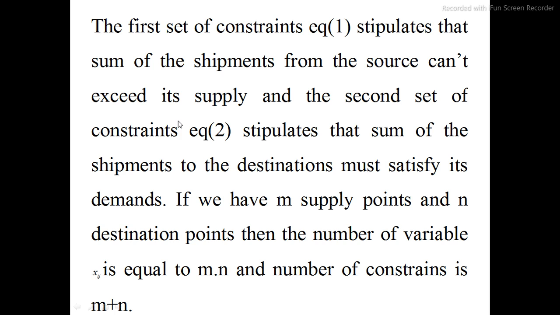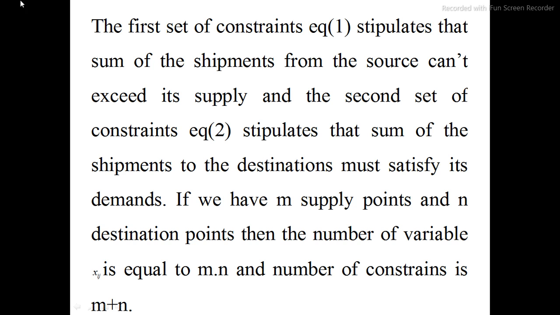The first set of constraints, equation 1, stipulates that the sum of the shipments from the source cannot exceed its supply, and the second set of constraints, equation 2, stipulates that the sum of the shipments to the destination must satisfy its demand.